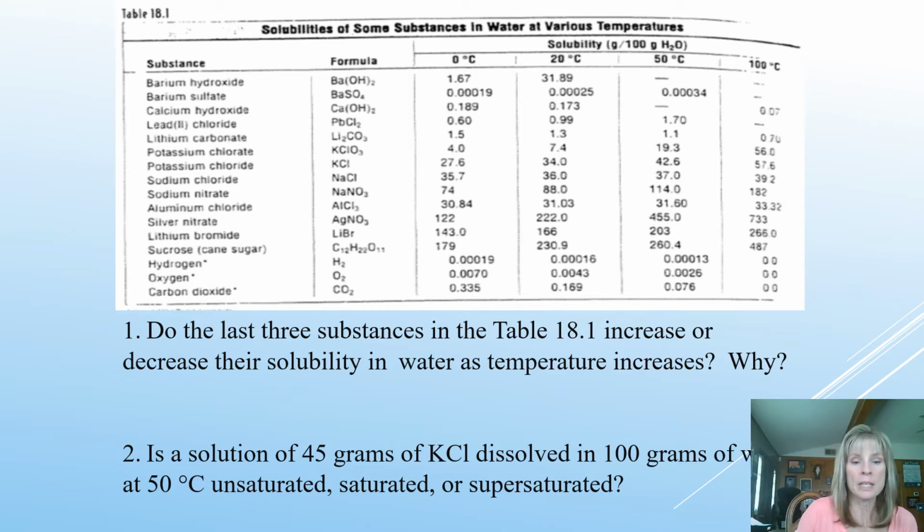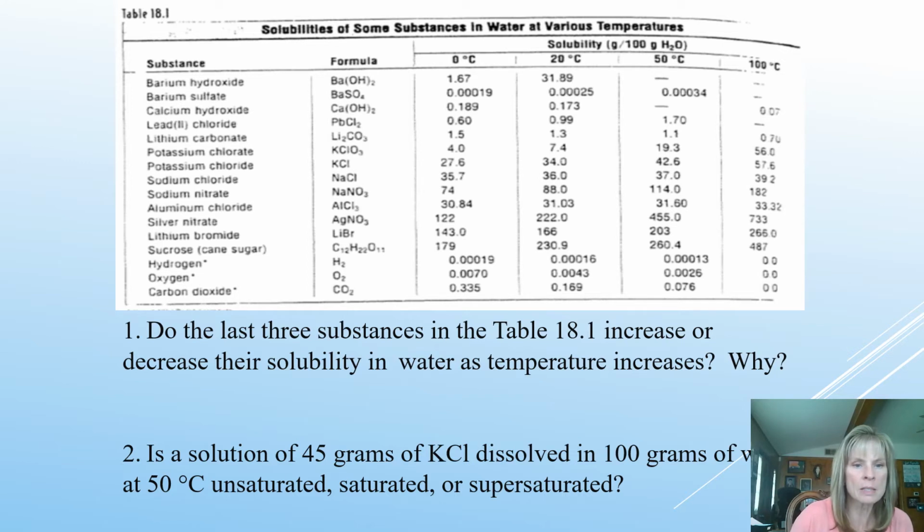Number 2, is a solution of 45 grams of potassium chloride dissolved in 100 grams of water at 50 degrees C unsaturated, saturated, or supersaturated? So what we do is we have to find, here, I'm going to try one of these things, a highlighter, and we'll do yellow. 45 grams of potassium chloride at 50 degrees.